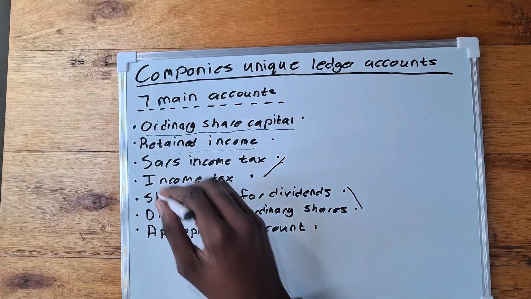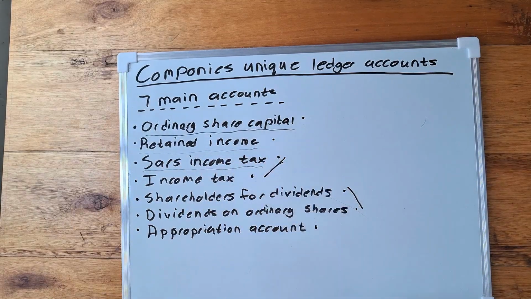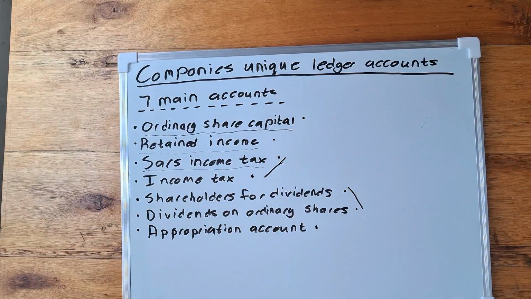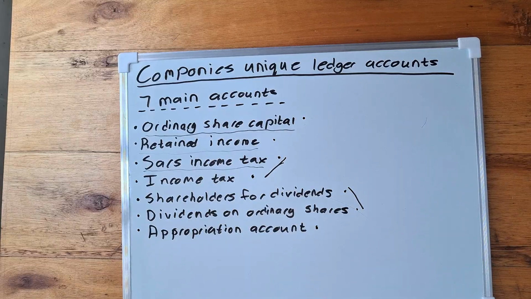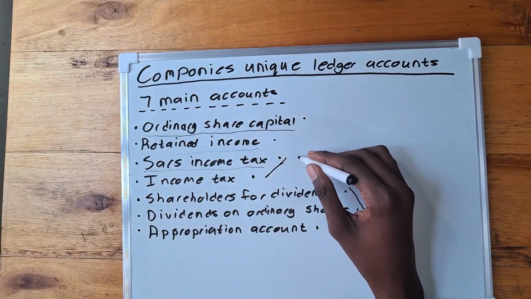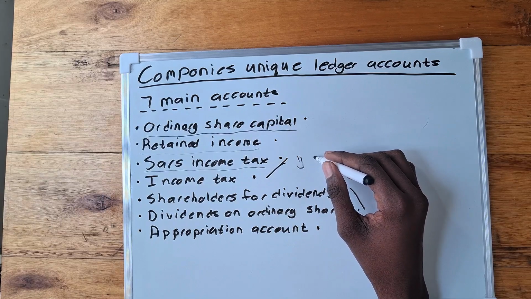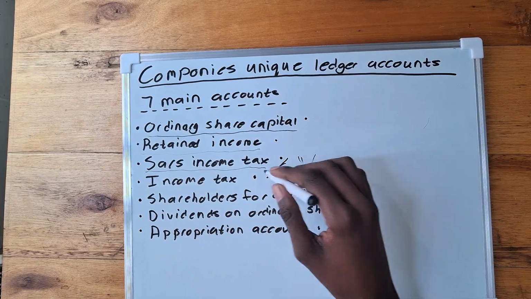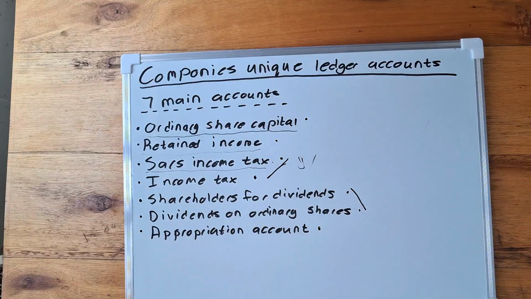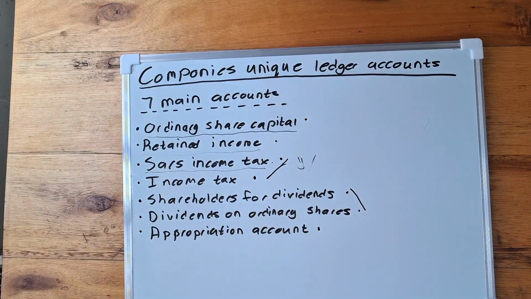Then you've got your SARS income tax. Your SARS income tax tracks all of your provisional payments. So if you make any payments during the year, the SARS income tax account is going to track it. Then the income tax.